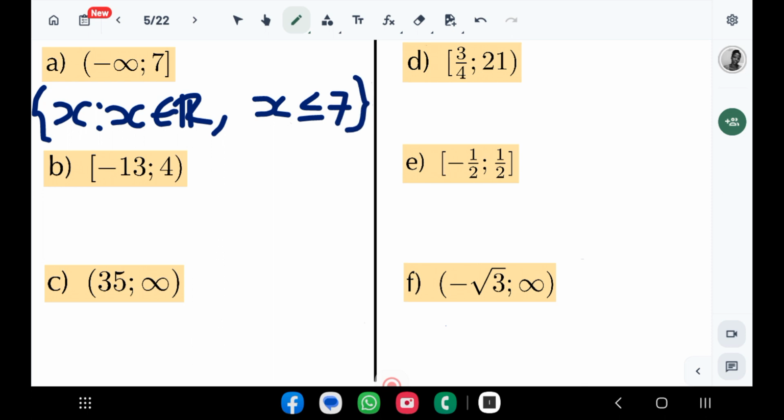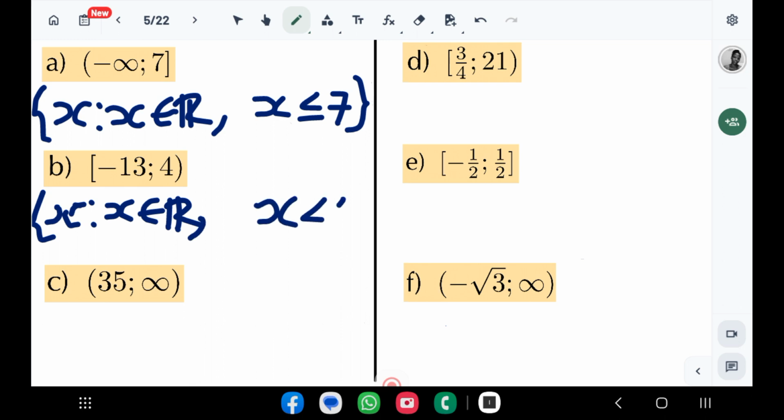Number 2, this is between -13 and 4, including -13 but not including 4. So you go {x | x is an element of real numbers such that x is between 4, not including 4, and -13, including -13}.